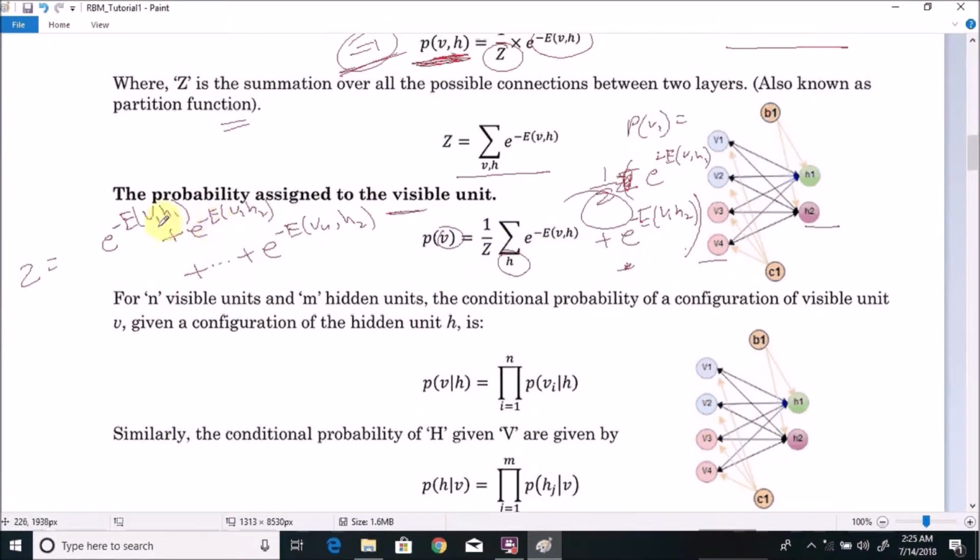So this will be equal to Z, and this will be equal to the marginal probability value for V1. Similarly, we can calculate the marginal probability distributions for H1 and H2.